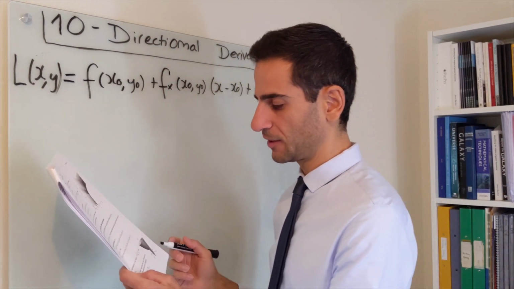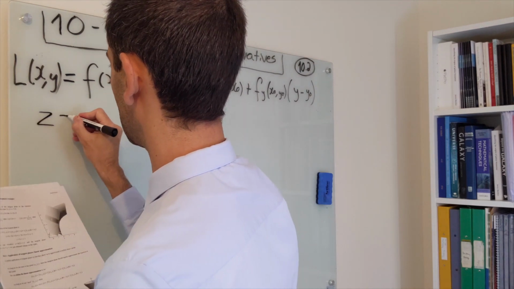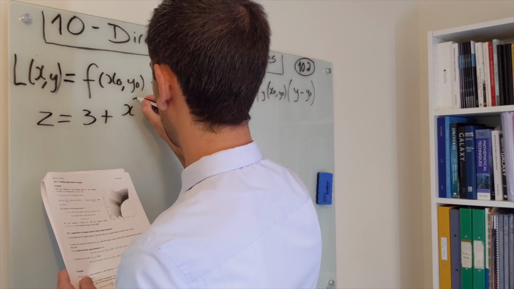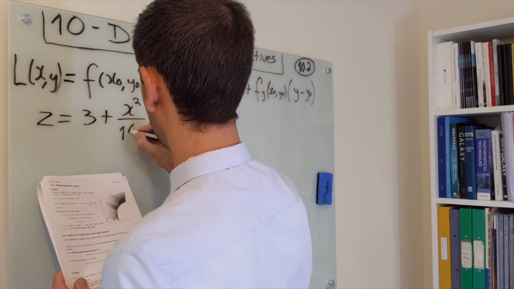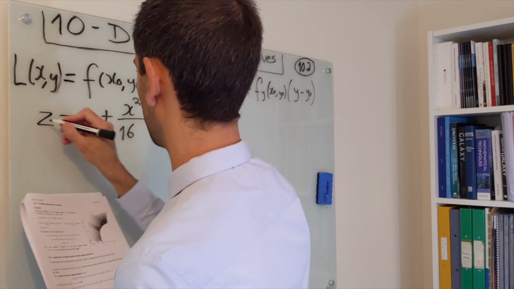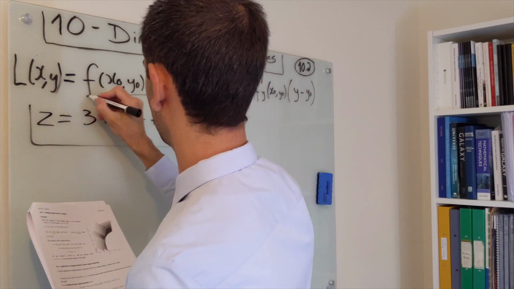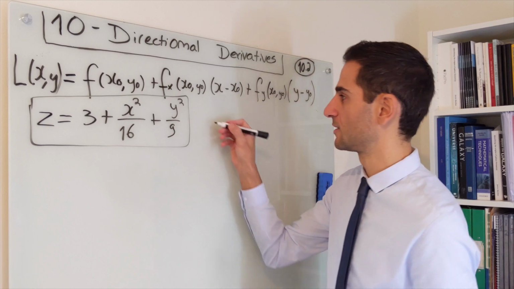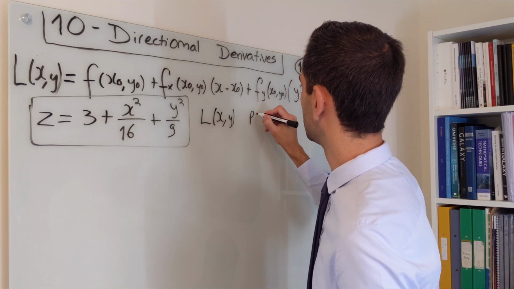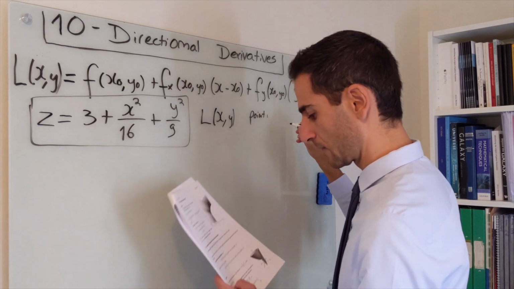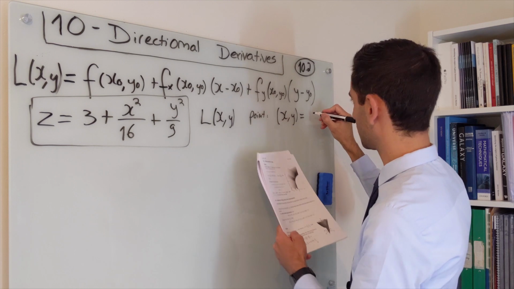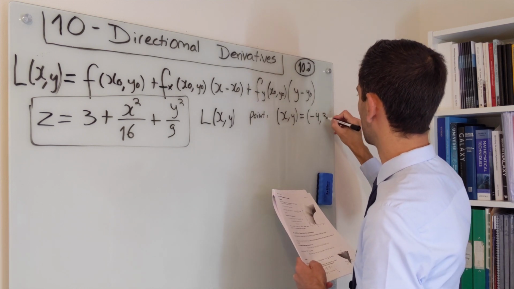We want to find the linear approximation to the function z equals 3 plus x squared over 16 plus y squared over 9. And we want to find this linear approximation L(x,y) at the point given by x, y equals -4 and 3.